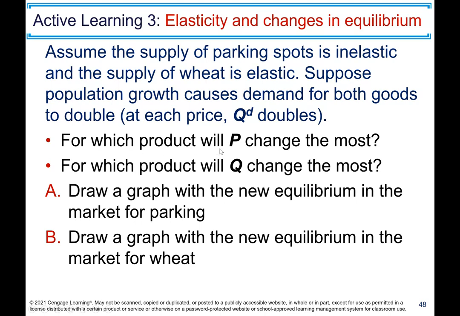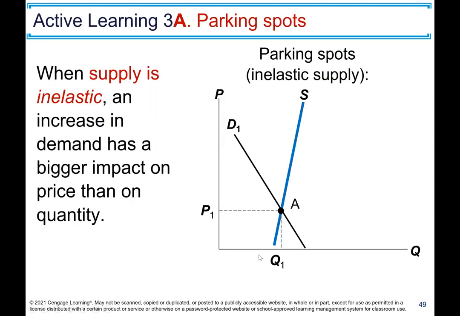For which product will price change the most? For which product will quantity change the most? Number A, draw a graph with the new equilibrium in the market for parking. And number B, draw a graph with the new equilibrium in the market for wheat.